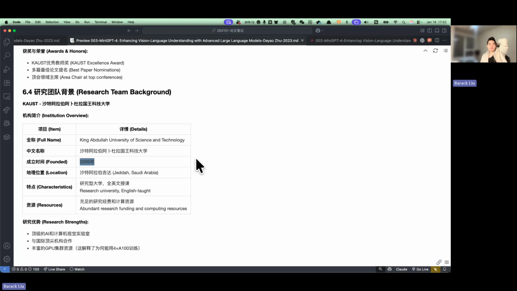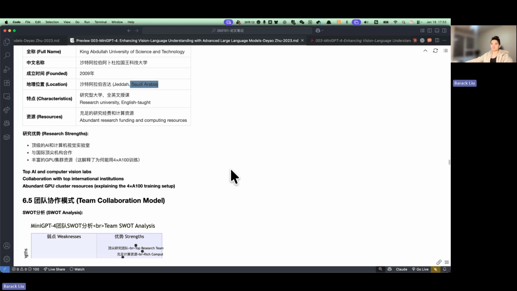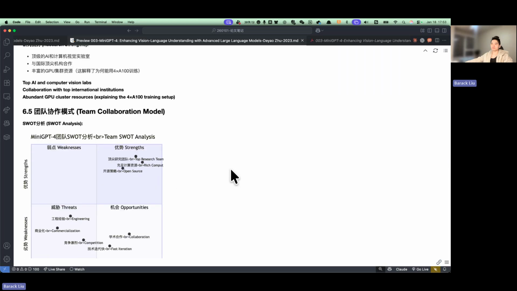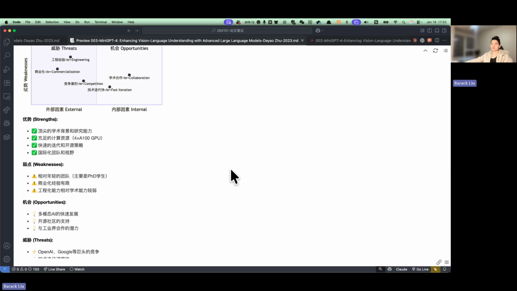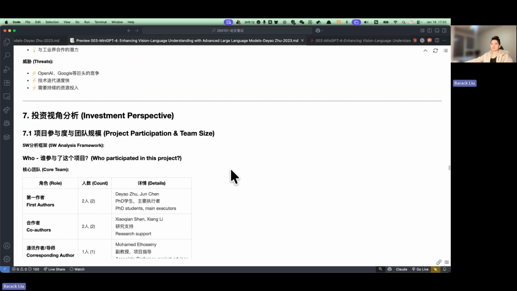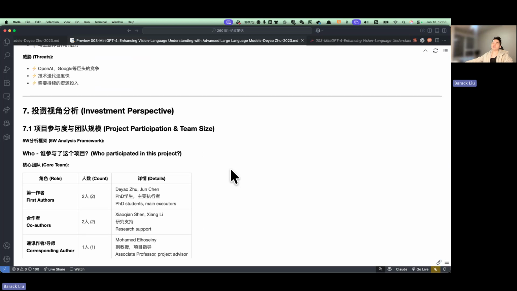But can we notice some opportunities in some places, like in Saudi Arabia, right? Because they are rich. Oh, so the team is not from OpenAI.